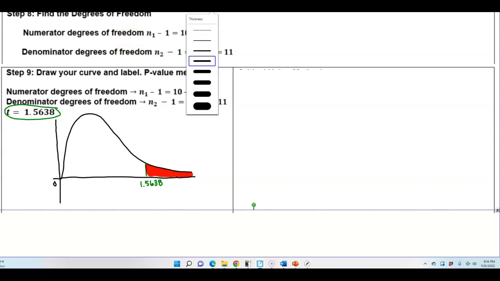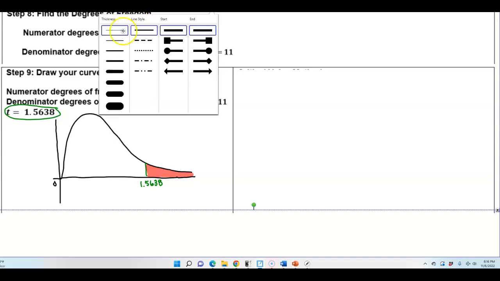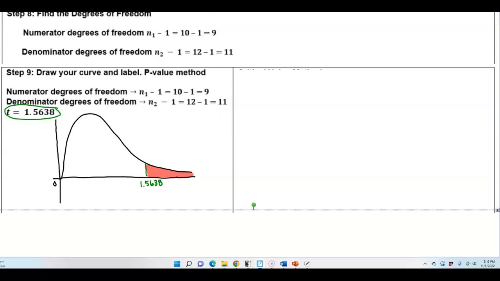Keep in mind this is a two-tailed distribution, and since it's a two-tailed distribution, we're going to multiply that p-value by 2. So we're going to take 2 and multiply by the p-value. That's going to equal 2 times the F test statistic being greater than 1.5638. So let's go ahead and open up StatCrunch.